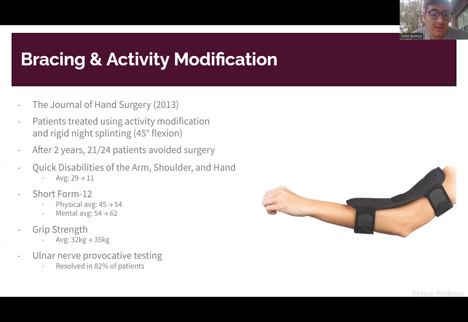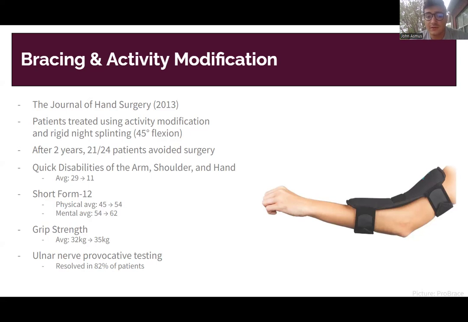That's great. And the Disability of the Arm, Shoulder, and Hand form: the lower the score, the better. They went from an average of 29 to 11. That's showing it's great. It helped them get their ability back with their fingers and hands. The short form is a measurement of dysfunction and pain in patients, and the physical portion of the form showed an increase from 45 to 54.